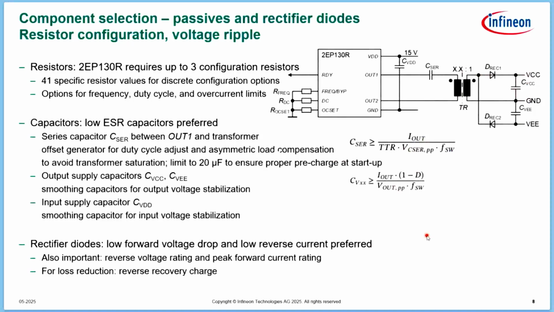And of course, since we have a startup behavior, charging here empty capacitors, the peak forward voltage rating is also an important one to consider, to not damage the components or make them age a bit faster than required. For the loss recovery, we also have a requirement for reverse recovery charge.